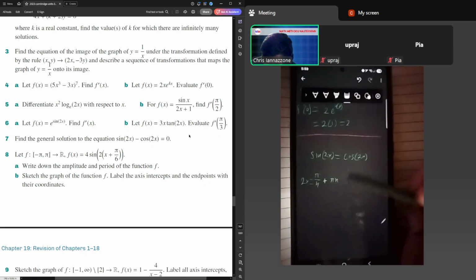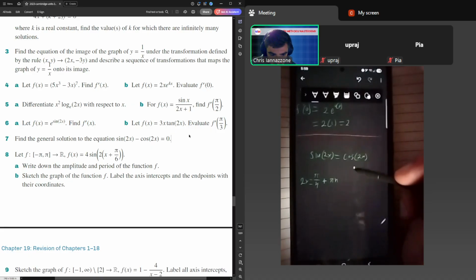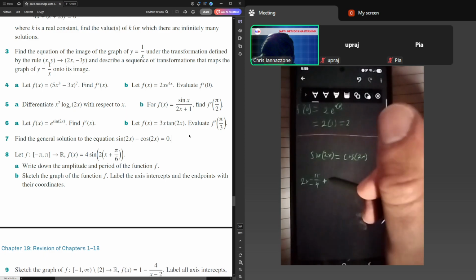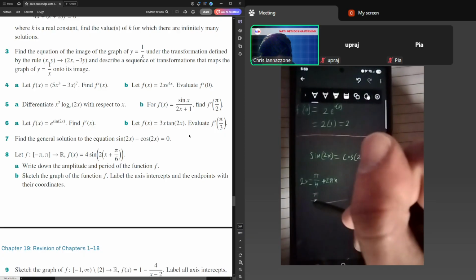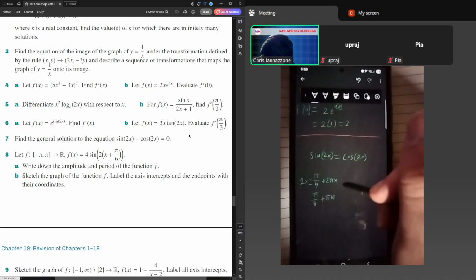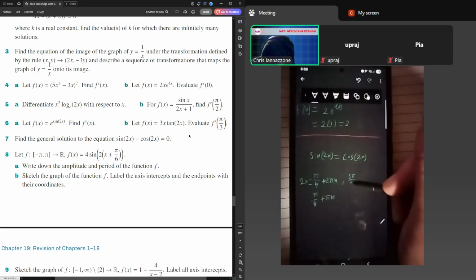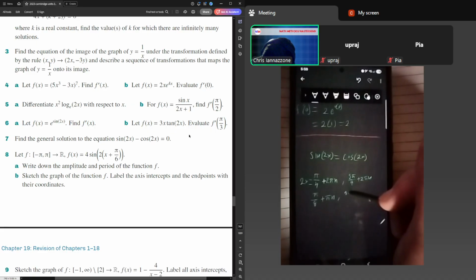The reason is that you haven't actually found the second place where these are equal to each other, which is at 5 pi over 4. There are 2 spots where these are equal. So this should still be 2 pi n, and you still divide everything by 2 to get your pi over 8 plus your pi n. However, you do also now have 5 pi over 4 plus 2 pi n, which gives you 5 pi over 8 plus pi n.